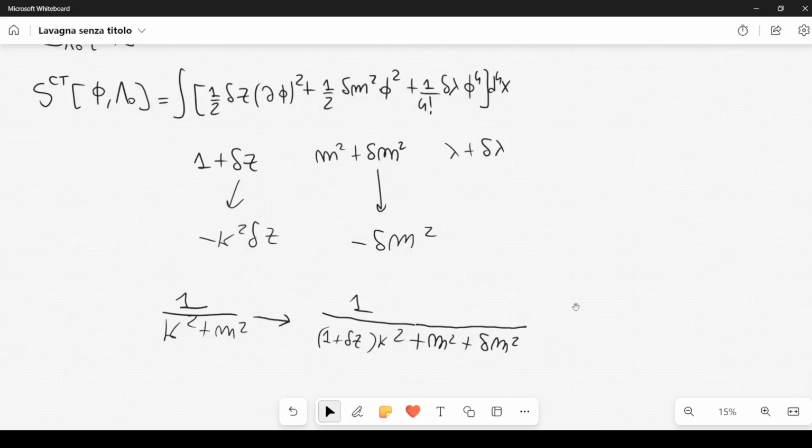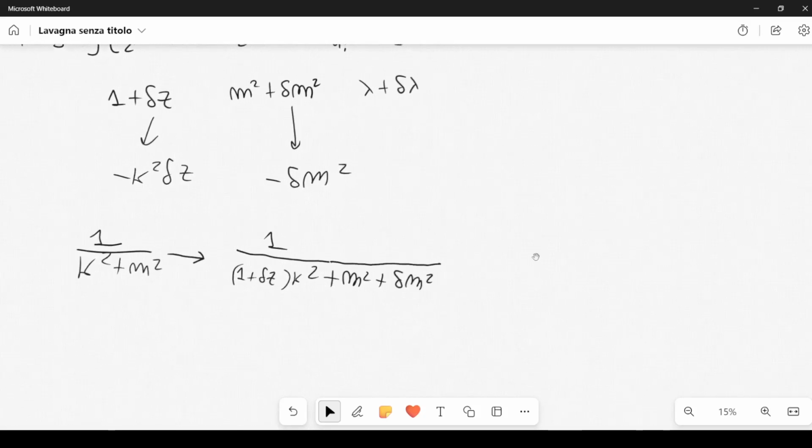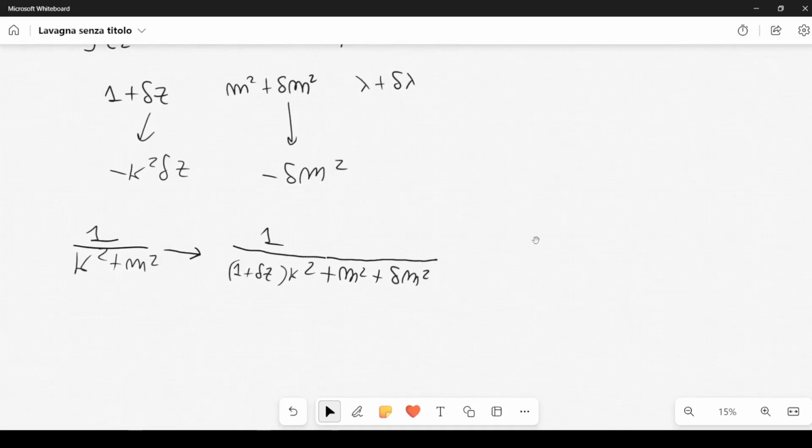So this is how the propagator changes, because we have changed these constants, m squared and the constant that multiplies k squared. Now if we expand this term with respect to delta m squared and delta z to first order, we are considering delta z and delta m squared as small terms, so it's an expansion.